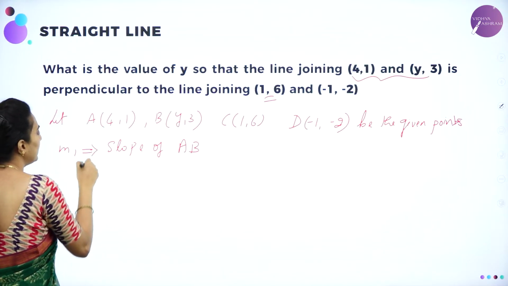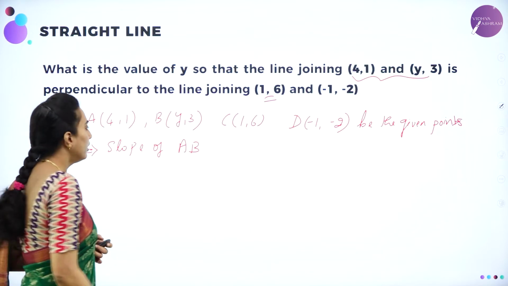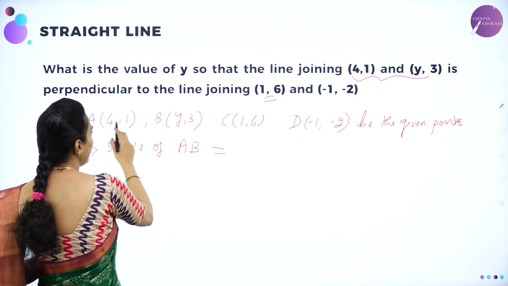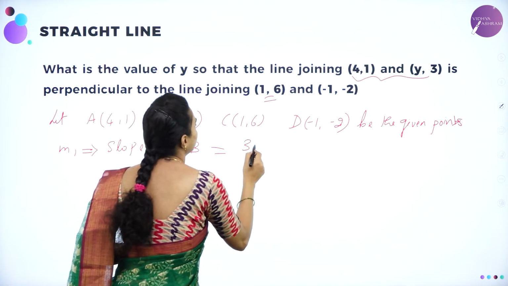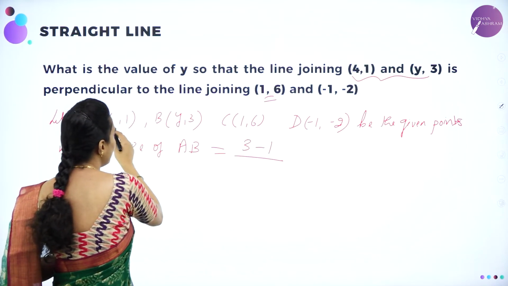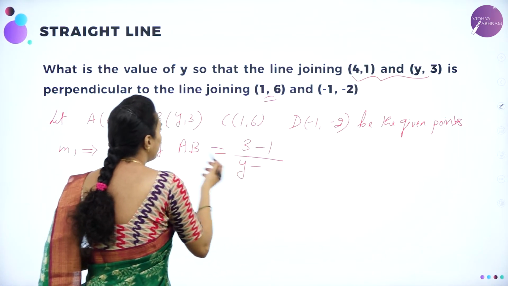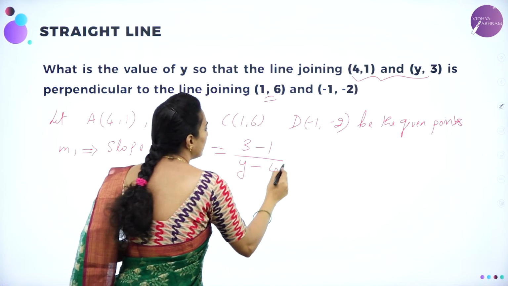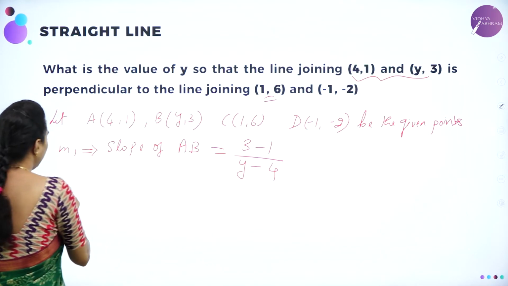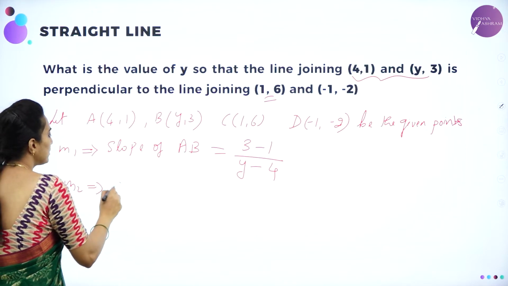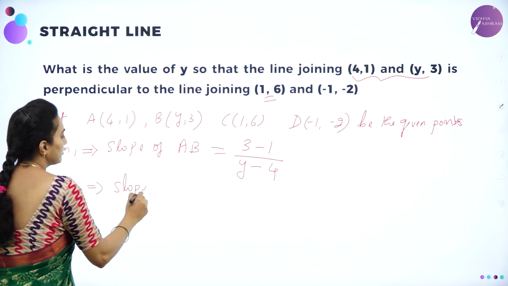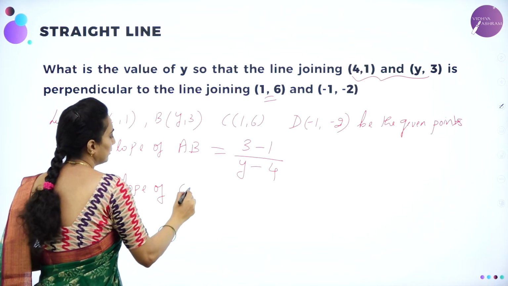M1 implies slope of AB, which is y2 minus y1, 3 minus 1, divided by x2 minus x1, where x2 is y minus x1 is 4. And then let M2 be the slope of CD.